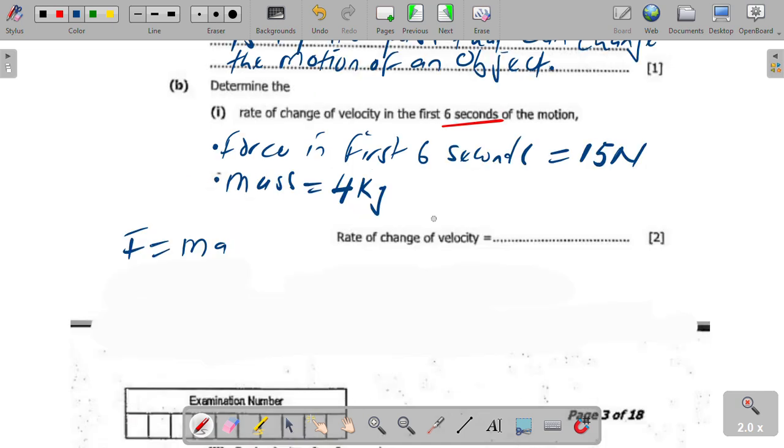The rate of change of velocity is acceleration. Now let's change the subject of the formula. We have our force, which is 15. We have our mass, which is 4 kg. Do we have our acceleration, our rate of change? We don't.